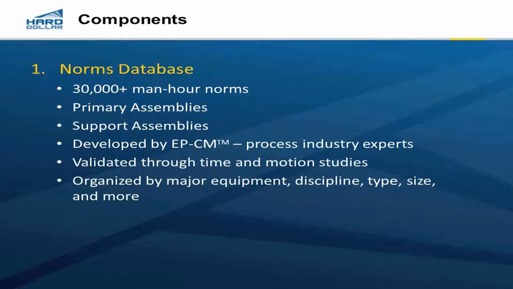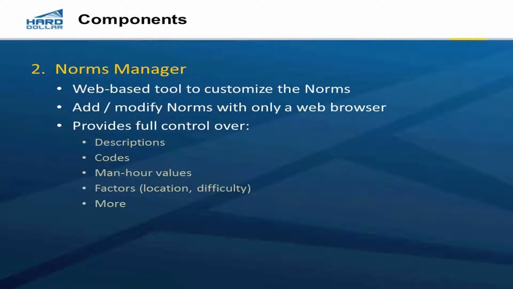Okay? And as we talked about, those norms are organized and searchable based on what equipment we are working on, what discipline we are engaged in, and other parameters like pressure ratings, sizes, diameters, and various things like that.